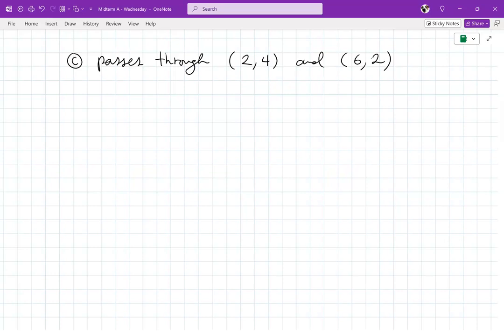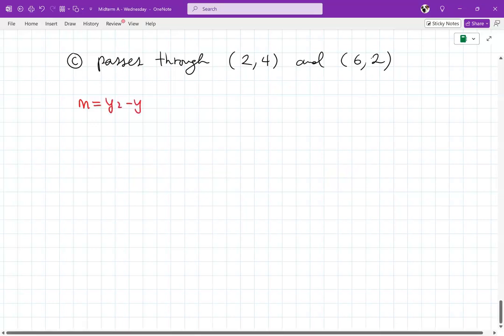So we have to write an equation of a line that passes through the points (2, 4) and (6, 2). Anytime that you are given 2 points, immediately think slope formula, okay? Slope formula. So that's what I'm going to do right now. m equals y2 minus y1 over x2 minus x1. And I'll put my x1, y1, x2, y2 information up there.